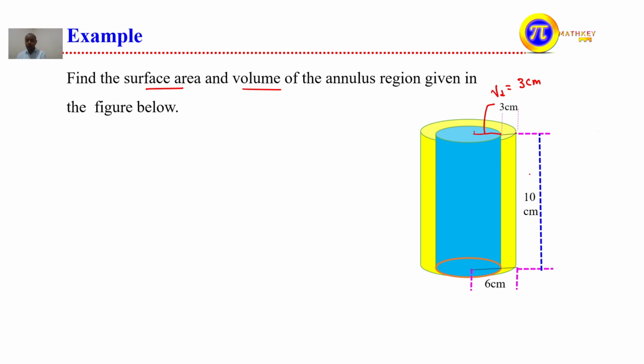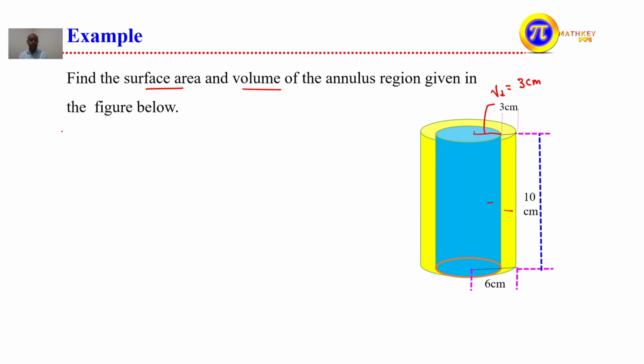The other is the lateral surface area of the yellow one, as well as the inner part, this light blue inner cylinder. Finally, you take twice the difference of the base areas plus the lateral surface area of the yellow outer one, plus the lateral surface area of the inner one. That becomes the total surface area of this annulus.